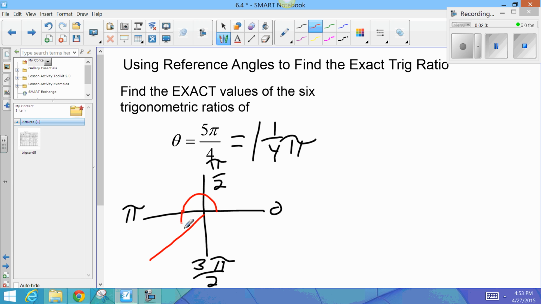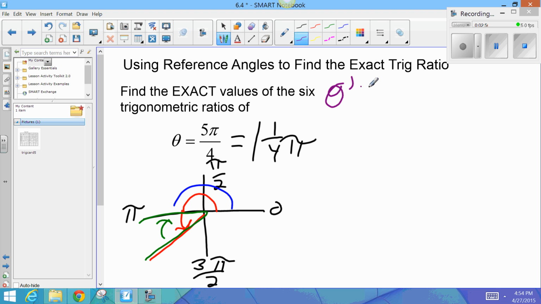So it has to end in quadrant 3. The reference angle is the positive acute angle formed by the terminal side of theta and the x-axis. It's that green part there. I'm going to subtract pi to find the reference angle.